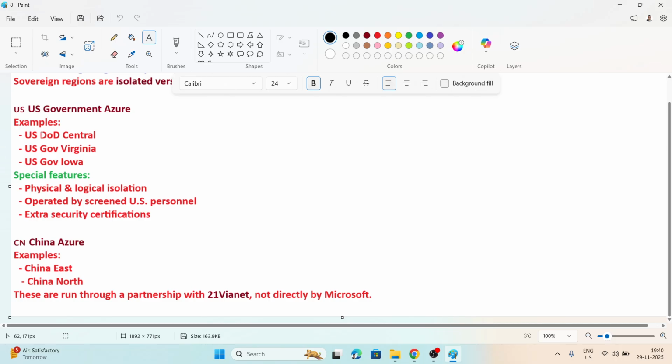These data centers are not connected with any other public cloud, the Azure public cloud. Same with Azure China, which runs through a partnership with 21Vianet, not directed by Microsoft. This Azure China cloud is not connected with any other cloud. So there are some exceptions also.